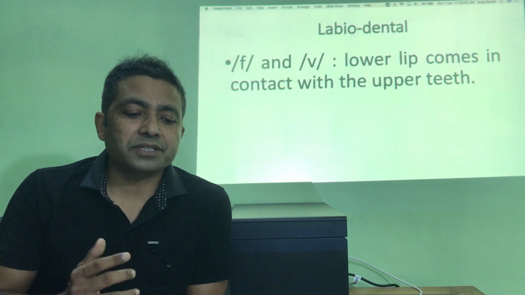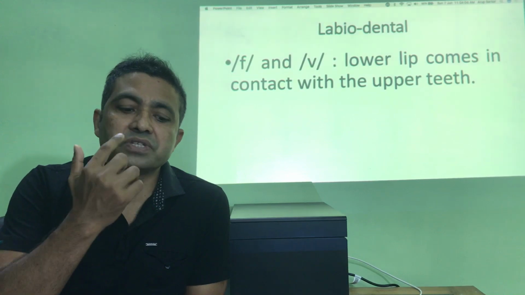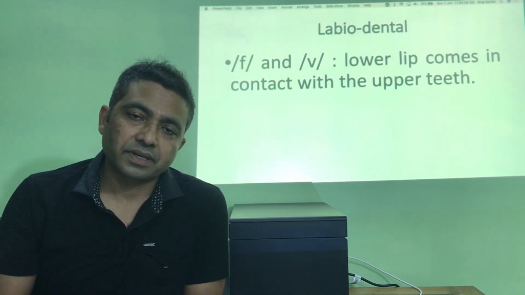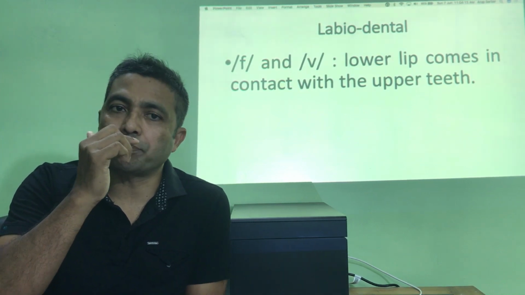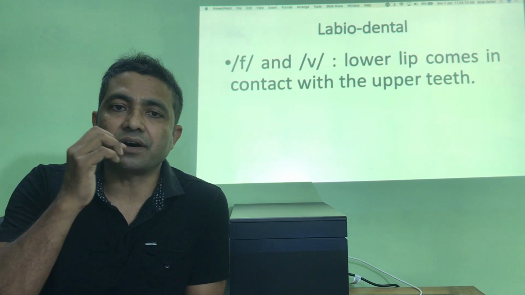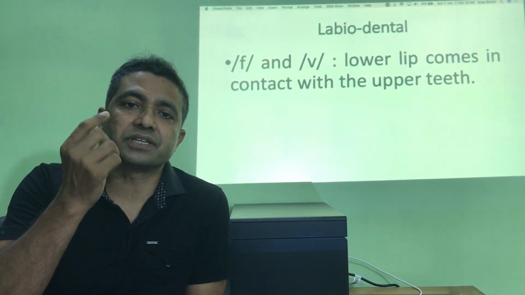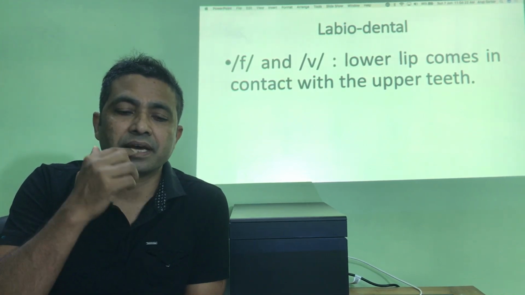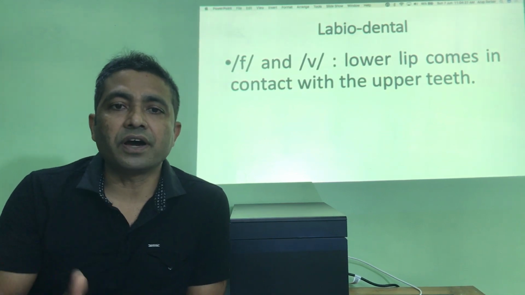During the production of fa, the lower lip goes against the upper teeth, and the passage is narrowed down but kept open, and there is a friction sound. So it is named labiodental: labio means lips, and dental the upper teeth.